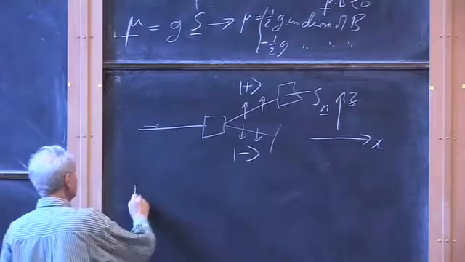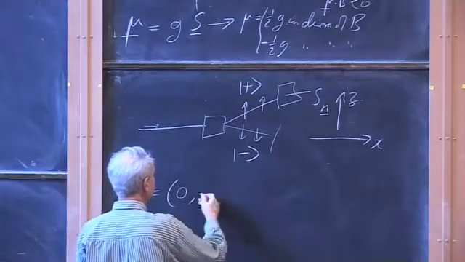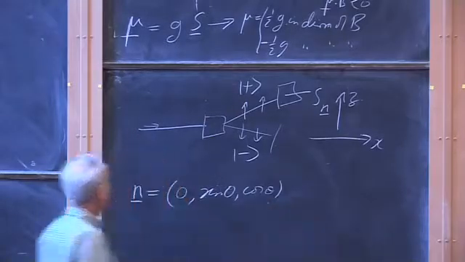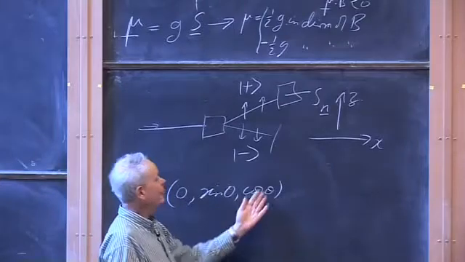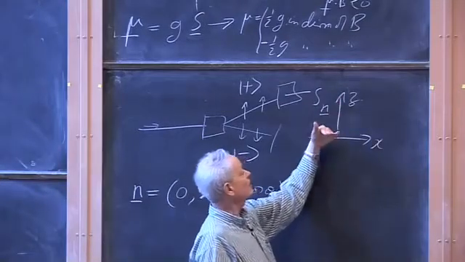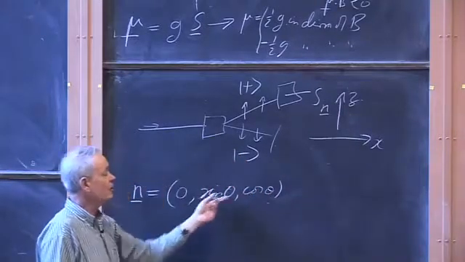And we're going to take n equal to nothing, comma, sine theta, comma, cos theta. So n is a vector which, if theta is nothing, is just in the z direction, and if theta is pi by 2, it's in the y direction, and it can scan between these directions as we vary theta.